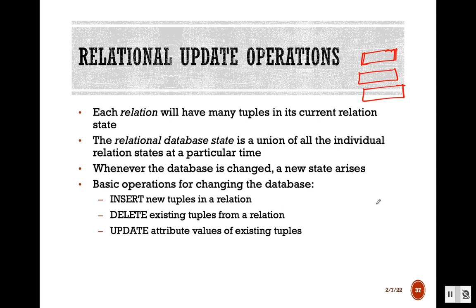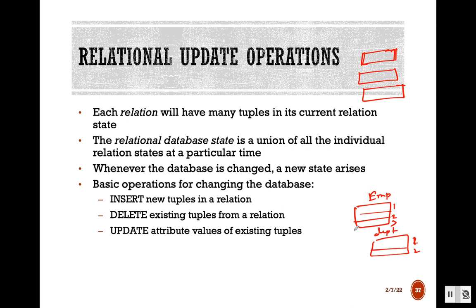So for example, let's say I have three employees 1, 2 and 3, and I have two departments 1 and 2. These are my employees, these are my departments. Now with the data, this is known as the database state.